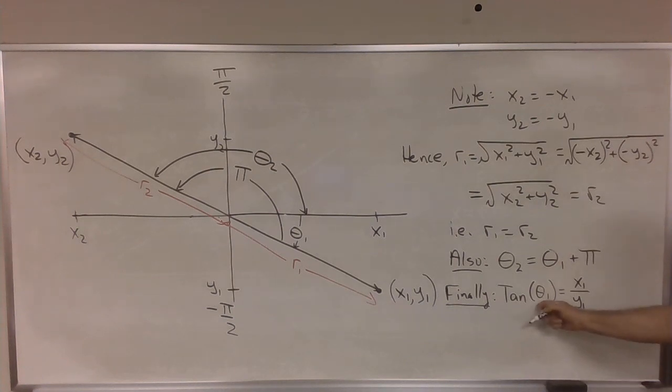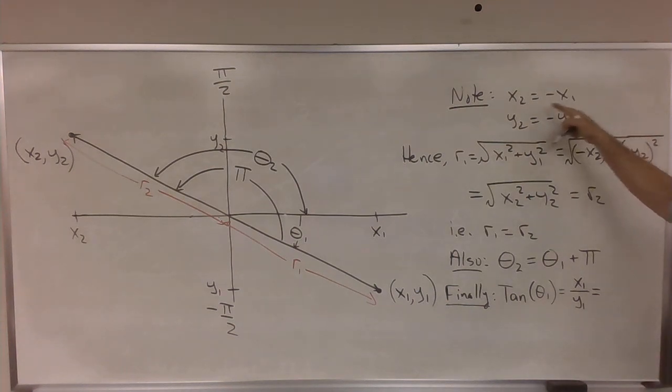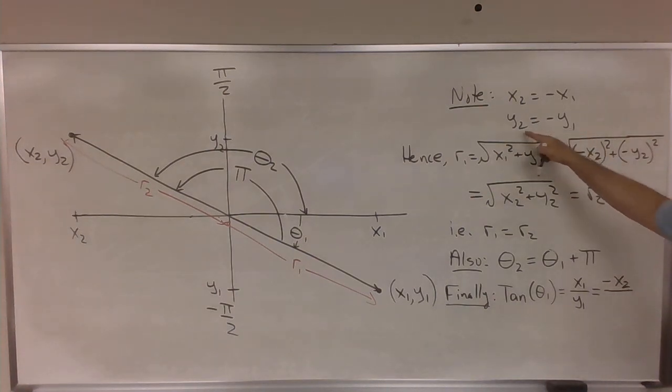The tangent of theta 1 equals y1 over x1. But now x1 is equal to negative x2 and y1 is equal to negative y2.